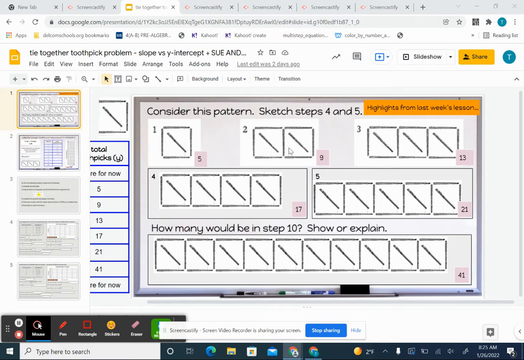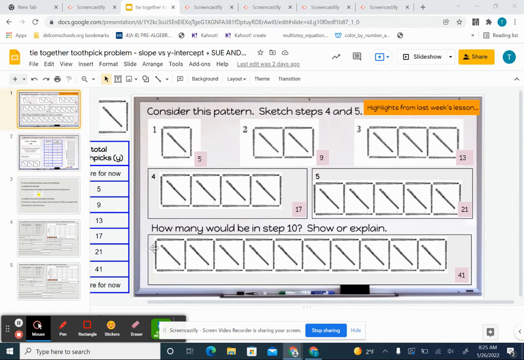A couple things we noticed on Thursday: the toothpicks are increasing by 4 every time. And you came up with some really good rules that would give you the number of toothpicks for any step. Maybe the easiest one was to know that you started with 1 toothpick.